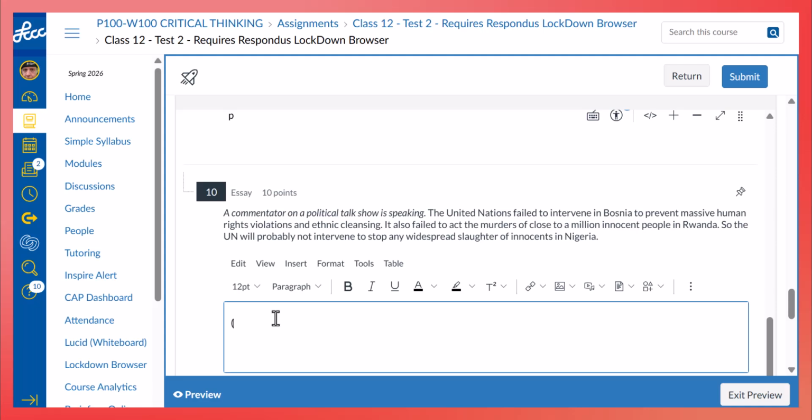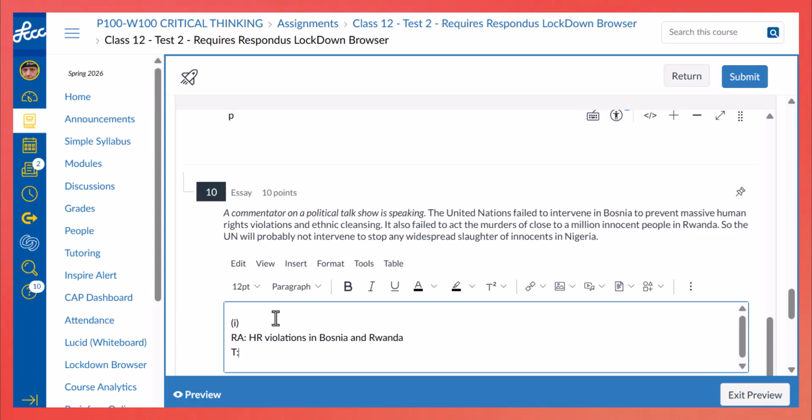So it's part one, reference analogs: human rights violations in Bosnia and Rwanda.